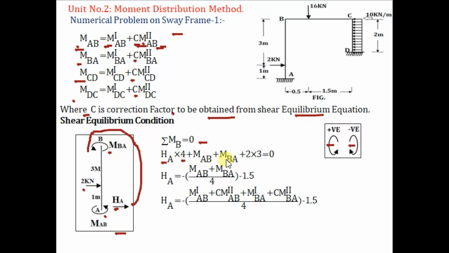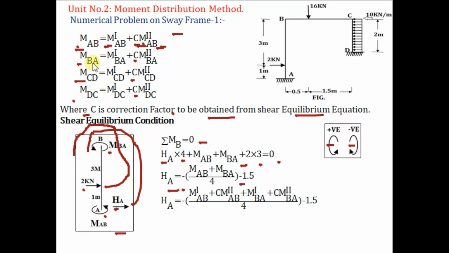Now MAB plus MBA are anti-clockwise, so the sign is positive. And next, the 2 kN force rotates about B in an anti-clockwise sense, so its moment is 2 into 3. The sum is equal to 0. So we have HA is equal to minus in bracket MAB plus MBA divided by 4 minus 1.5. So we have this equation by considering column FBD AB, the shear force at A and the end moments, and taking moment about B. Now put here the MAB and MBA values.